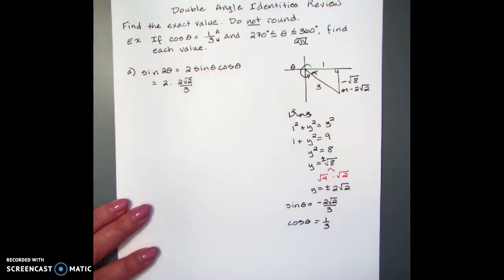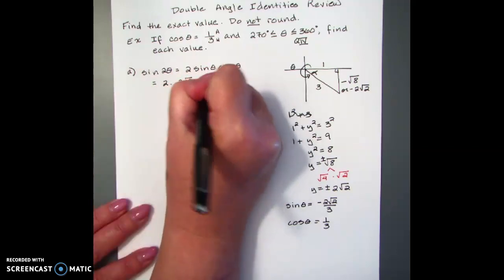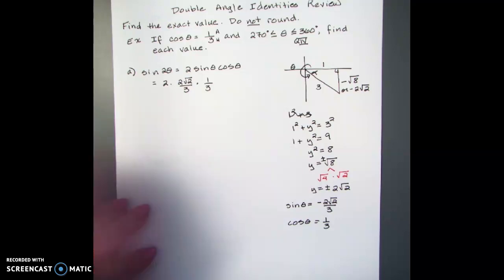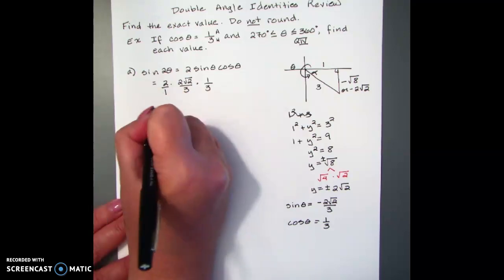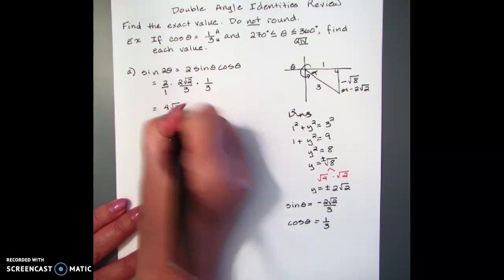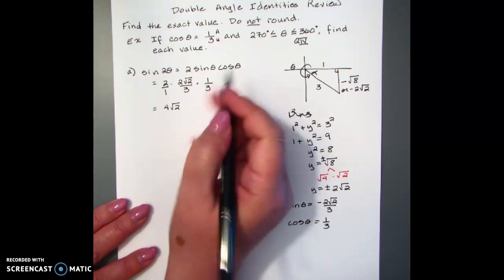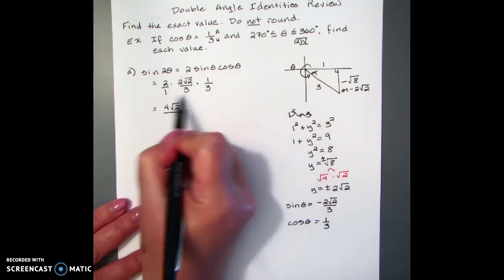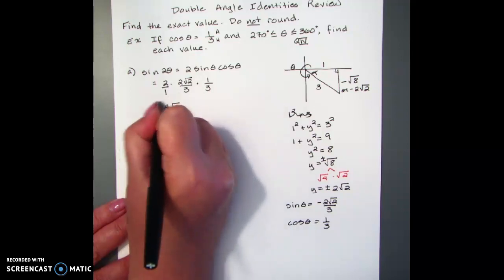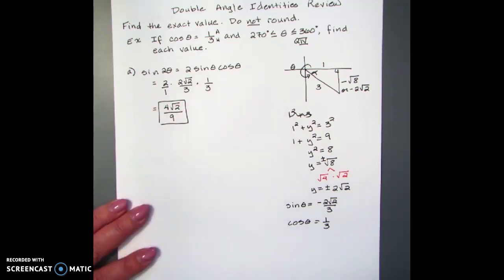That's my sine of theta. And then times 1/3, which is my cosine of theta. And in this case, nothing cancels, so we're going to multiply straight across. So 2 times 2 root 2 is 4 root 2, and 4 root 2 times 1 stays the same. And then we get 1 times 3 is 3, times 3 is 9. So that would be the sine of 2 theta.